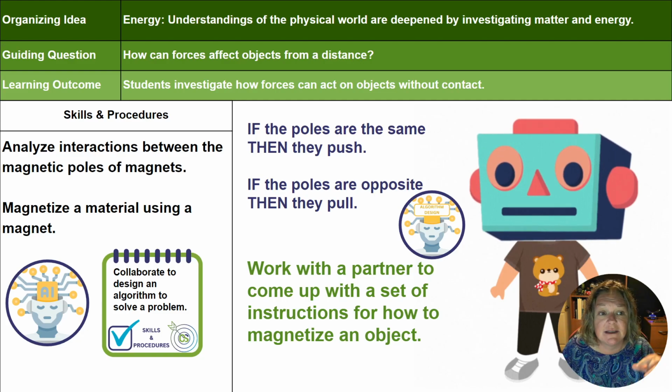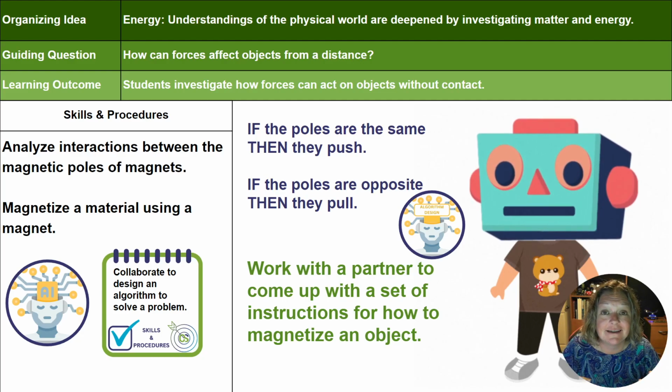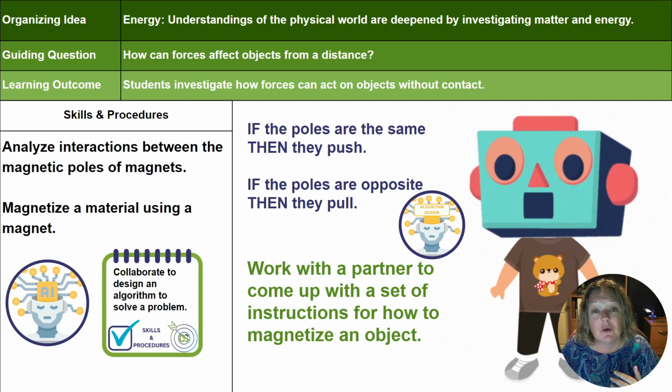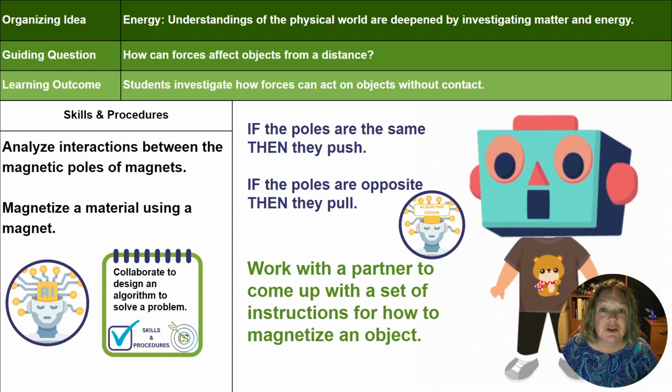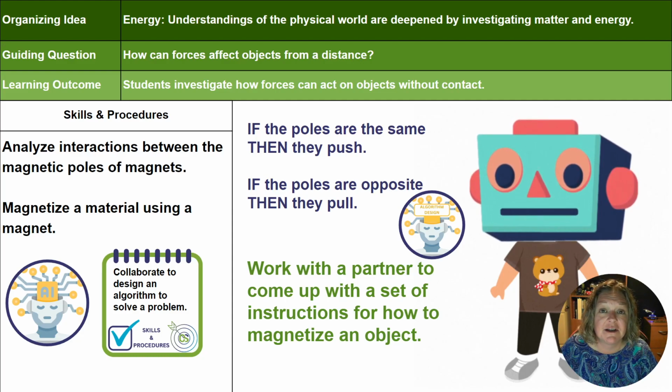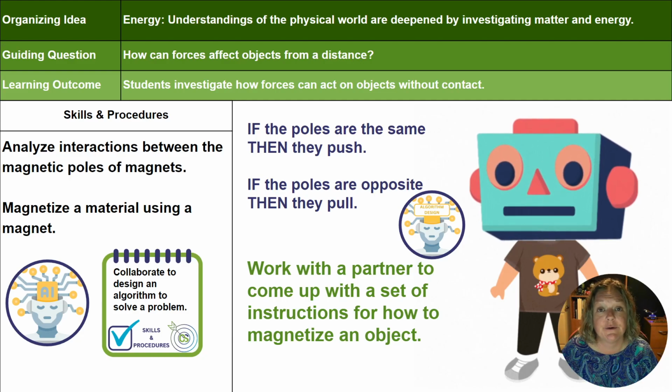And so we've taken this really simple skill and procedure here in energy and drawn in some computer science pieces and just made it a little bit more complicated project. We're hitting some complicated computer science understandings, and also students are going to be able to show you that they know how to magnetize a material at a deep transfer level, because they are able to even write those instructions out specifically for someone else to follow.